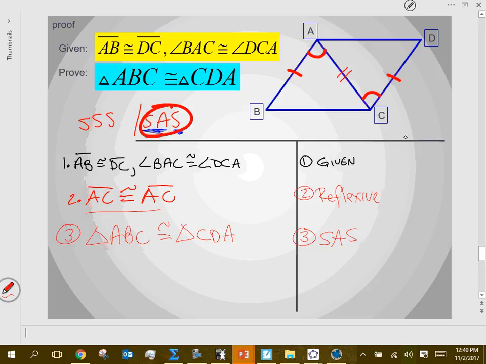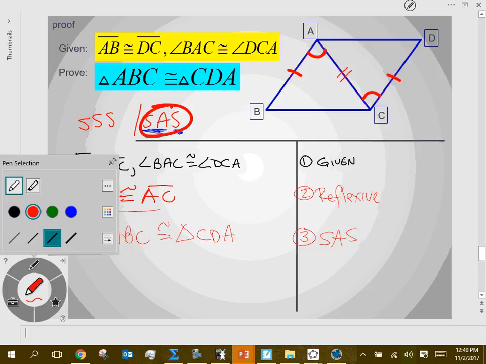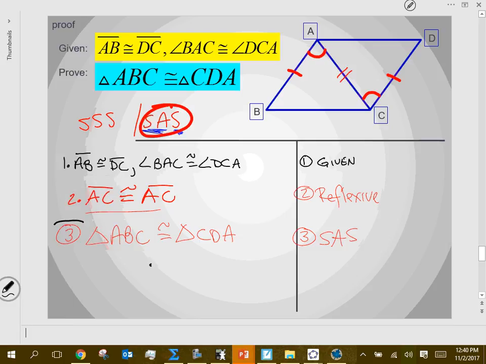Okay? Whenever you make a congruency statement about triangles, 100% of the time, whenever you make an argument that looks like that, your reason will be either 3 letters or 2 letters. It's going to be something like side, angle, side. Eventually, it could be side, side, side. Could be angle, side, angle. Could be angle, angle, side.